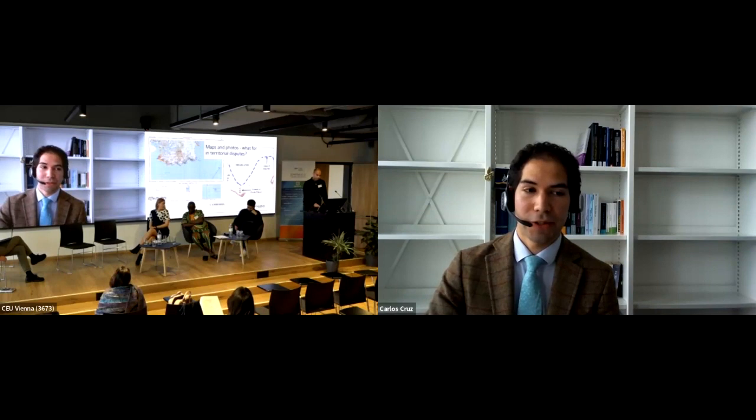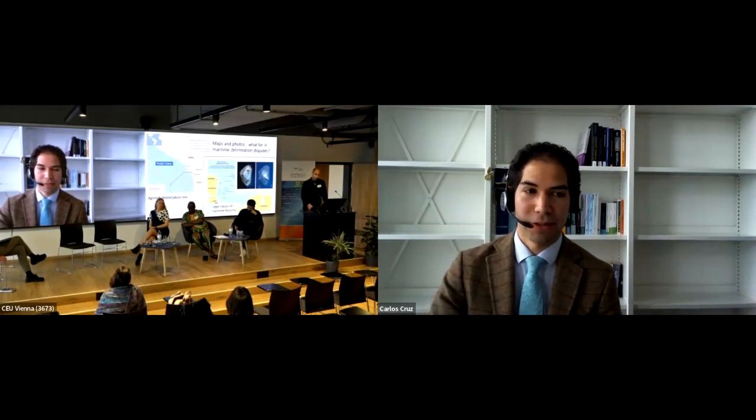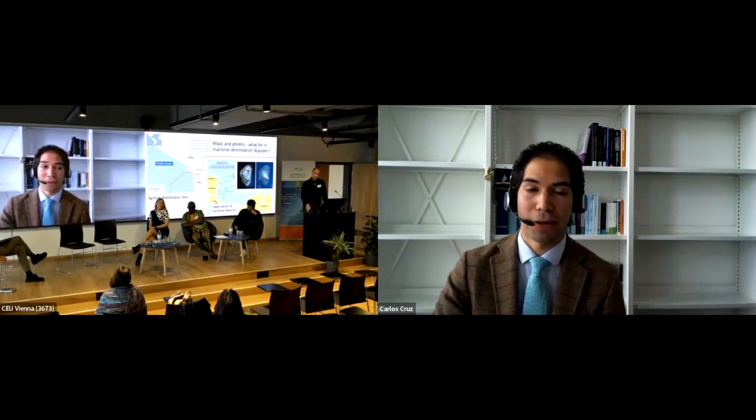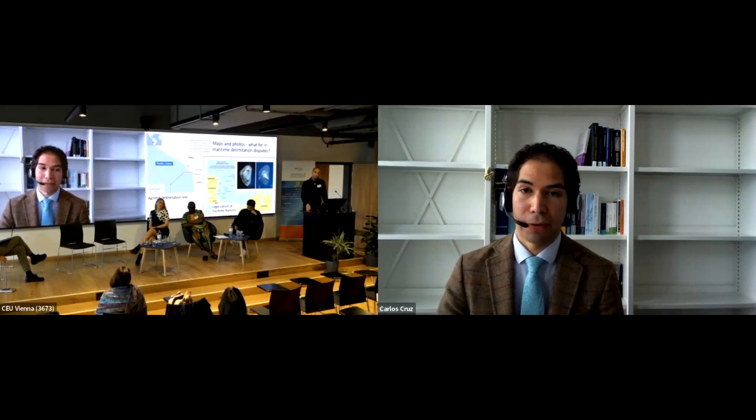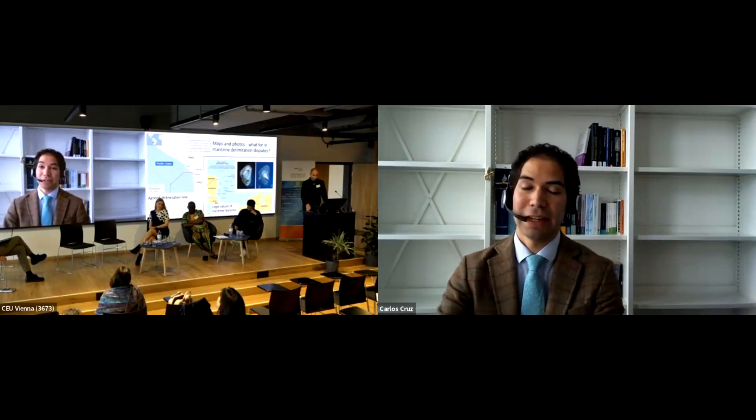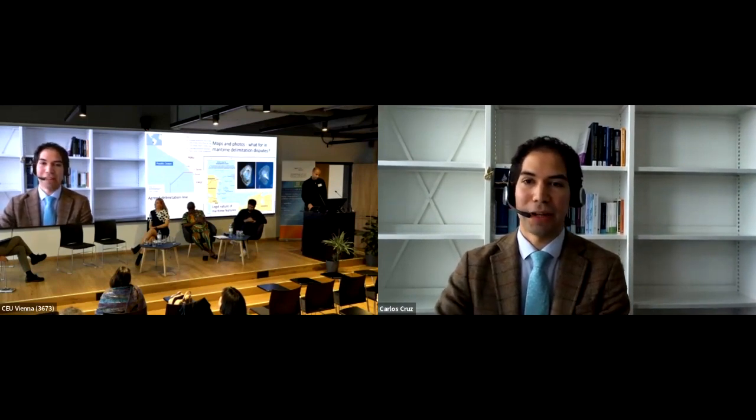Now, turning to maritime delimitation disputes, the question is a bit different, because then these disputing parties normally are trying to convince the court that the maritime delimitation line they are proposing is the most equitable solution for the dispute. And here the maps are normally used to assist in justifying the course of this maritime line, at least in two ways.